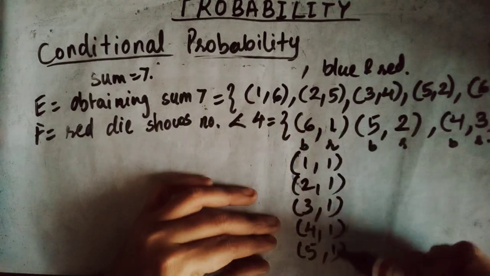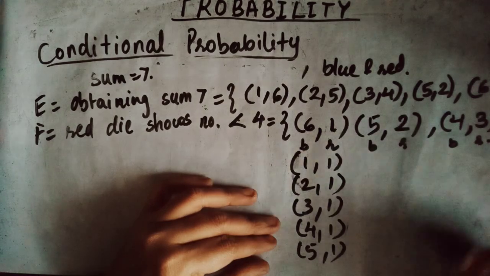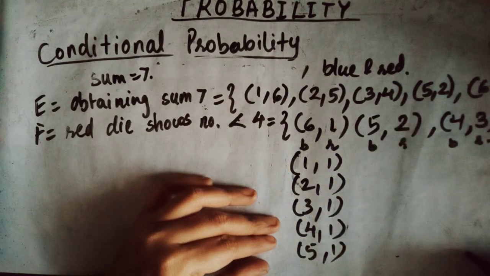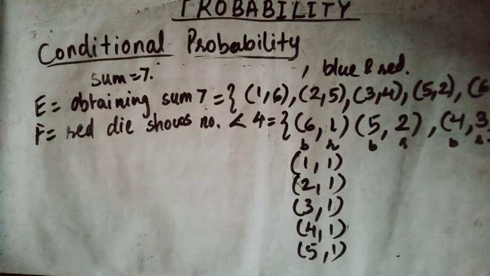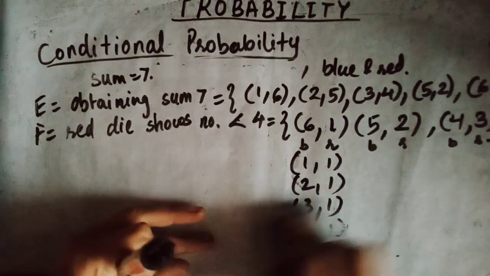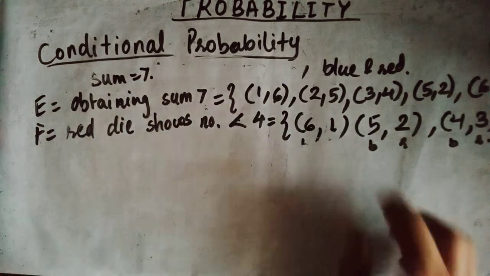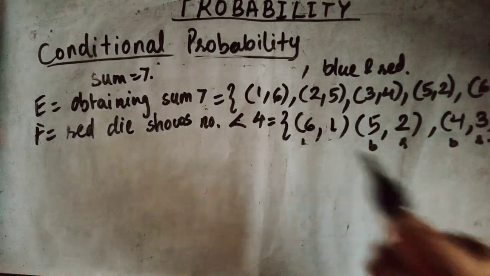Okay, like this 6 are there, then again here 6 will be there, and again here 6 will be there. So the total number will be 18. 6 3s are 18. Okay, so total elements in F are 18.